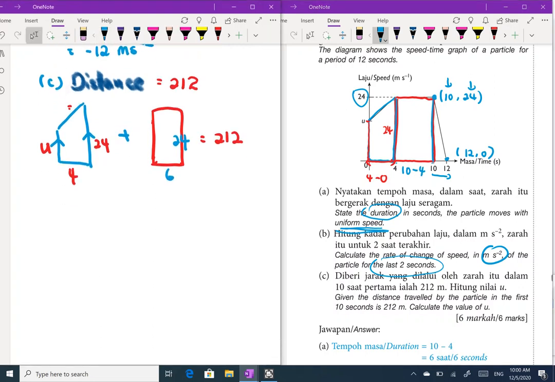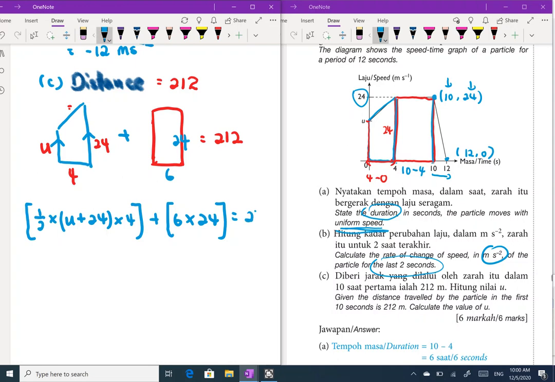So now I use the formula for the area. So for our trapezium it is 1 over 2 times the sum of the parallel sides. So it is 1/2 times (u plus 24) times 4, plus the rectangle 6 times 24, equal to 212.